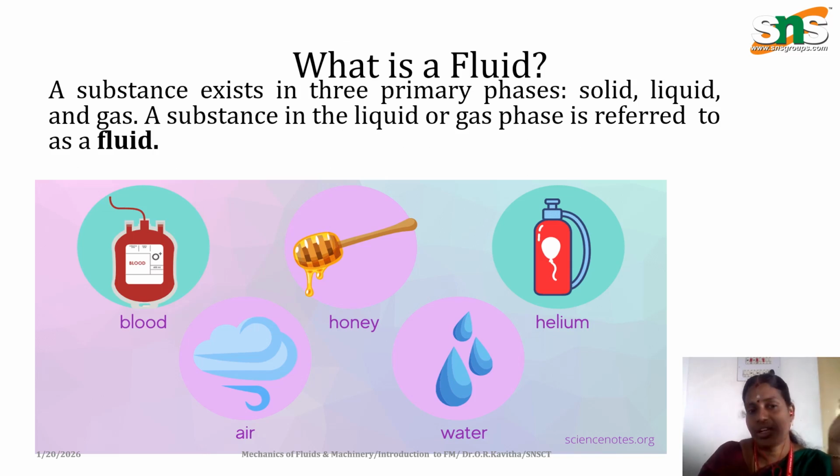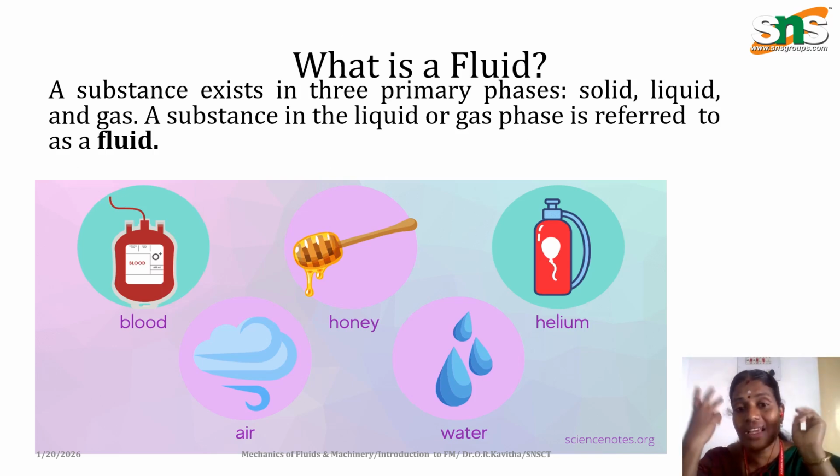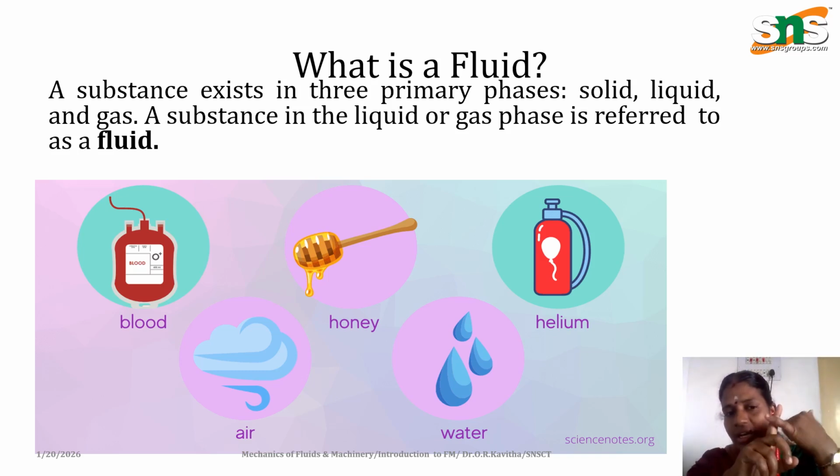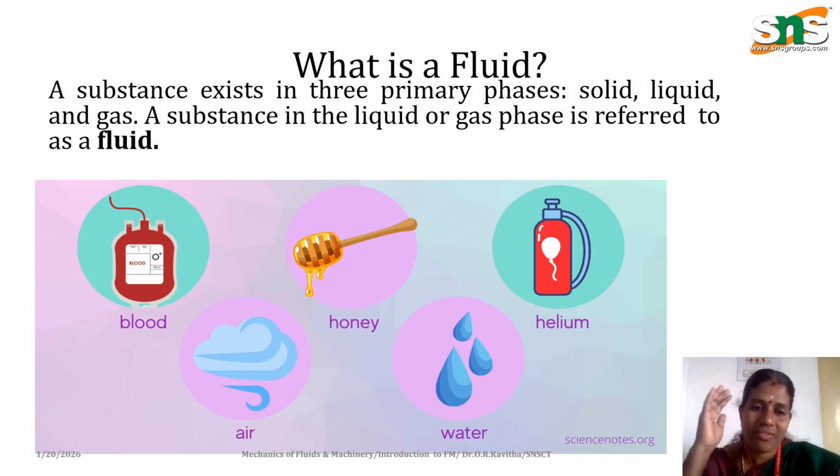And what is a fluid? If you are taking any substance, it may be in any of three phases: solid, liquid or gas. For solids, we have already studied solid mechanics, with its different properties, definitions and designs. Here, in fluid mechanics, a fluid is nothing but a liquid or gas.